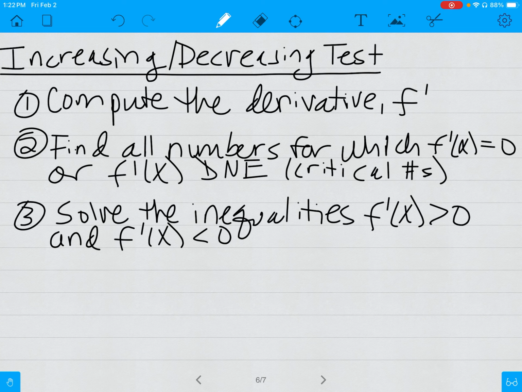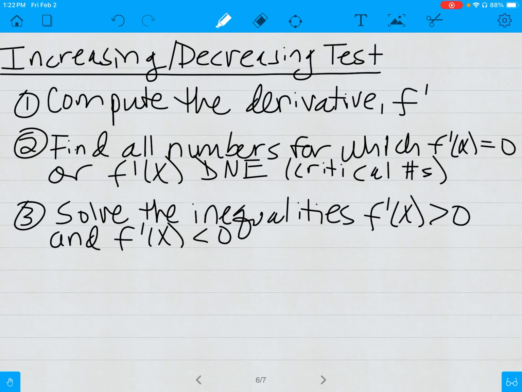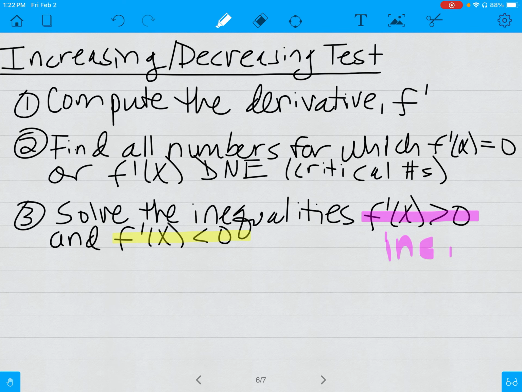And you can do that either graphically or algebraically. And then these solutions that we get tell us where the function is increasing and where it's decreasing. If f prime of x is greater than 0, that's when we know our function is increasing. And if f prime of x is less than 0, that's how we know our function is decreasing.